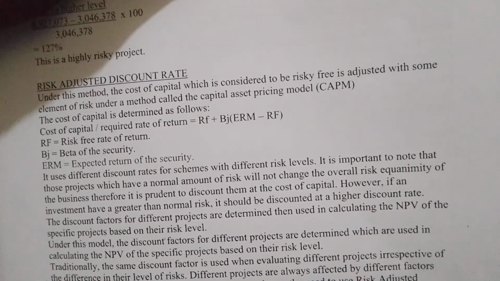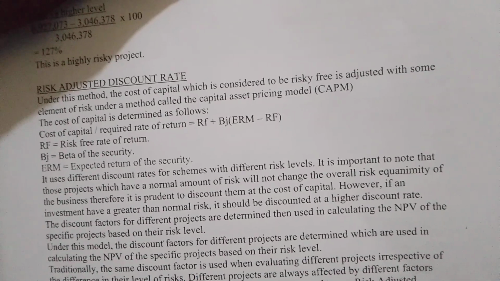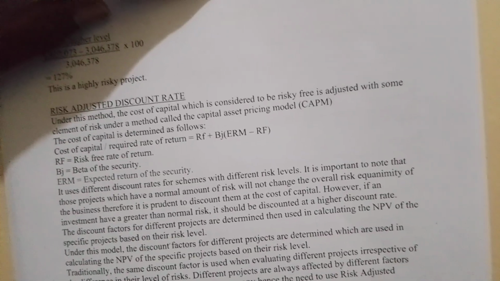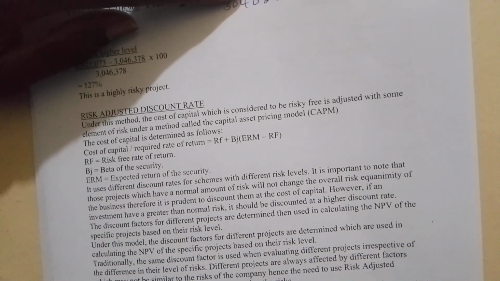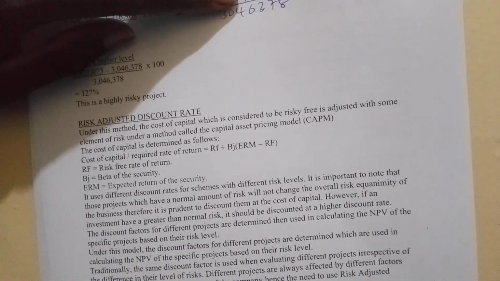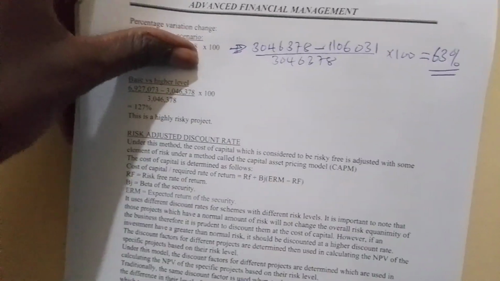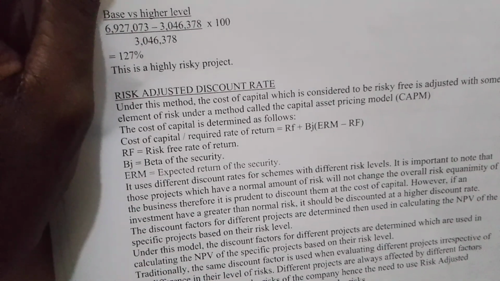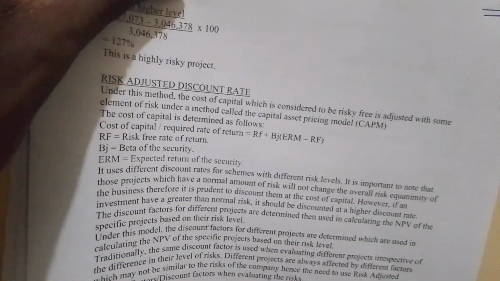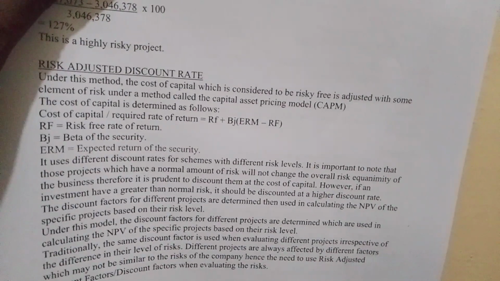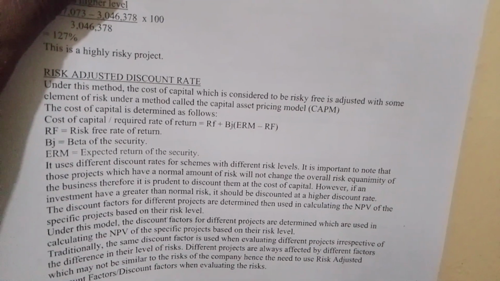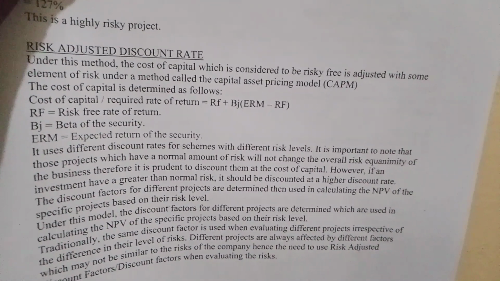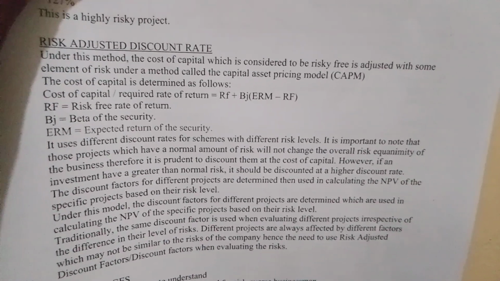The cost of capital or required rate of return using CAPM, you'll be picking RF plus BJ into brackets ERM minus RF. Now RF means risk-free rate, then BJ, beta of the security, ERM, the expected return of the market.